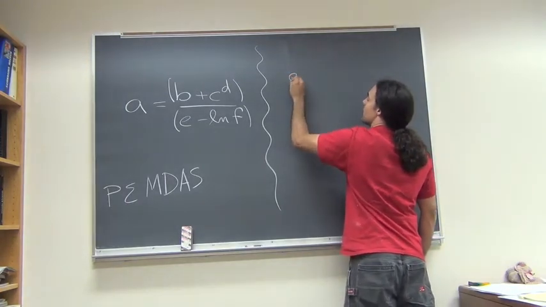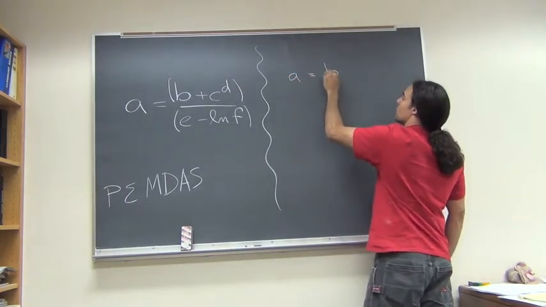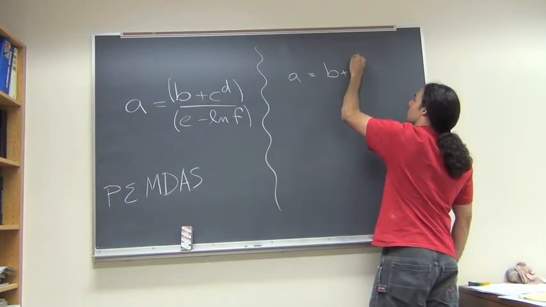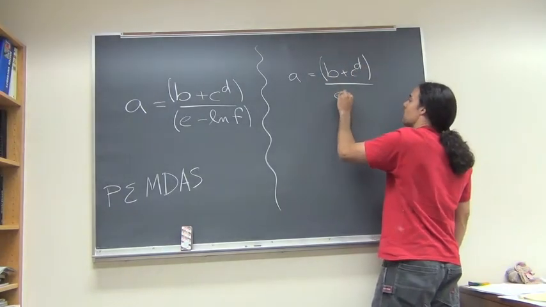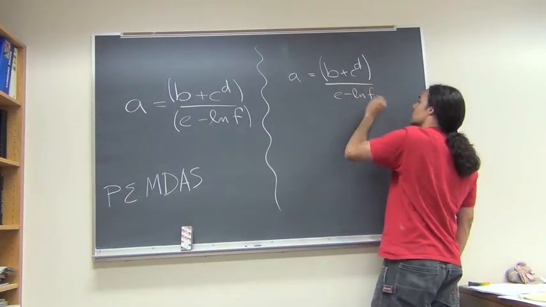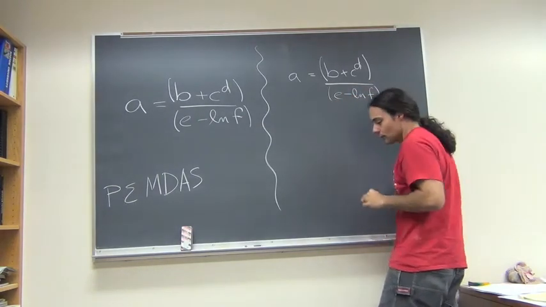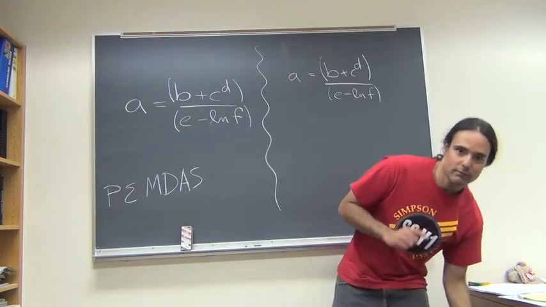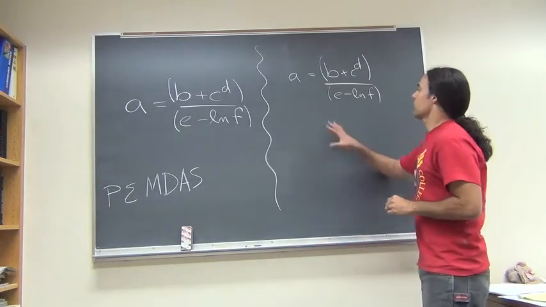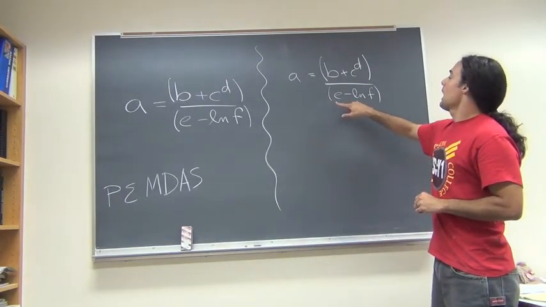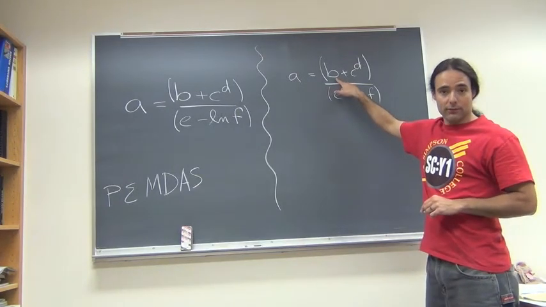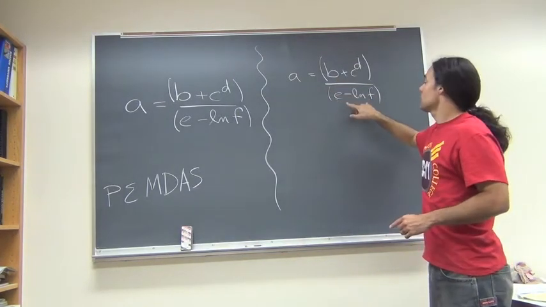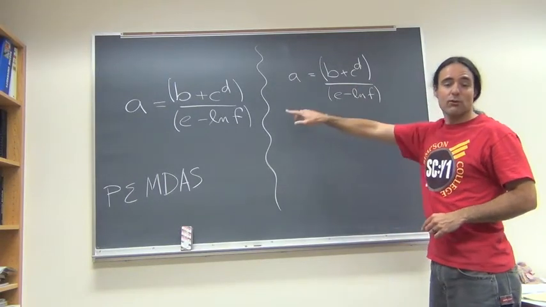I'm going to say A equals B plus C to the D divided by E minus log of F. Now, let me just move my trash can out of the way, give myself more room. I want to get B by itself. I'm solving for B, which means I've got to move the E minus log F over to the other side.